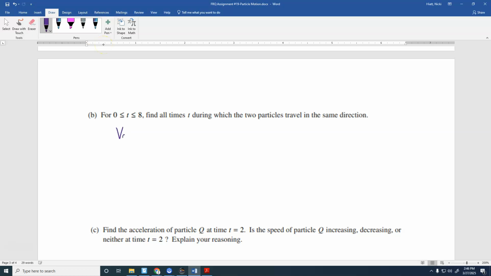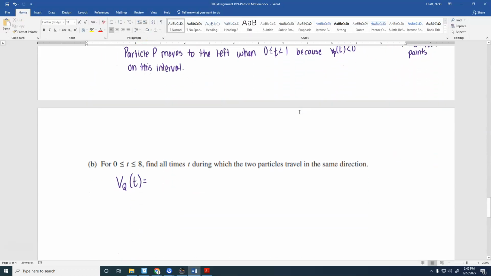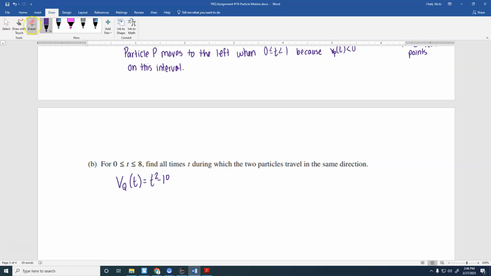So you've got V sub Q of T. What did we have? T squared minus 8T plus 15. Okay, so we want to see where this equals 0 for critical points.